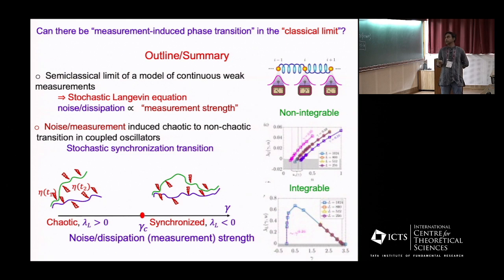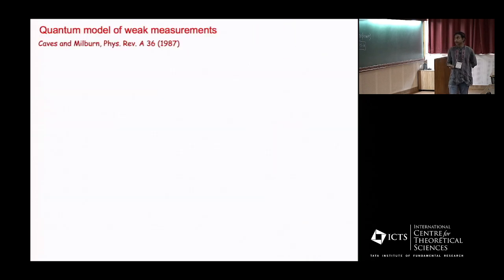Then, taking the example of coupled anharmonic oscillators, I will show that if you subject these oscillator chains to such measurements, as a function of measurement strength, or the noise or dissipation strength, you get a transition where the Lyapunov exponent of this semi-classical or classical limit goes from positive to negative. So you will have a chaotic transition. This will be the limit of a measurement-induced transition in the classical limit.